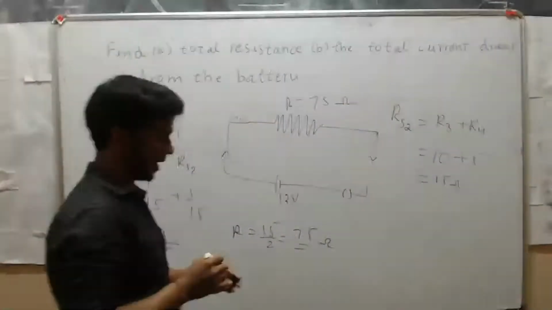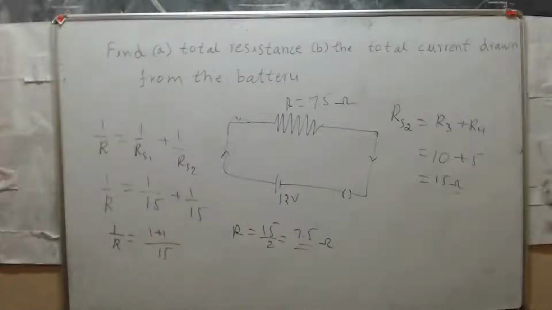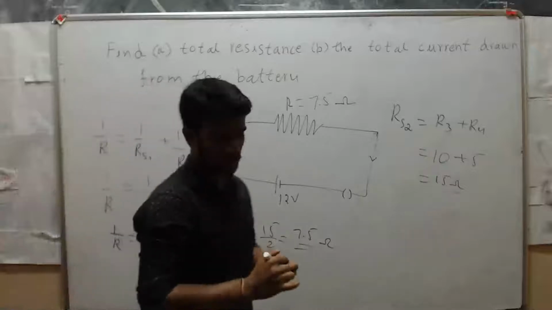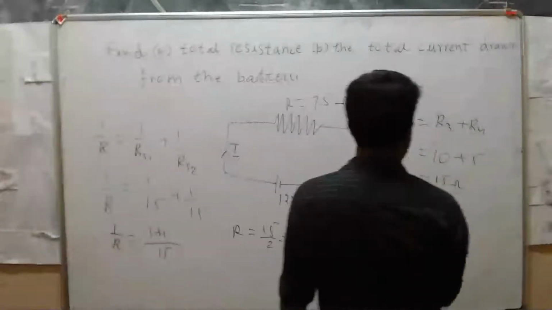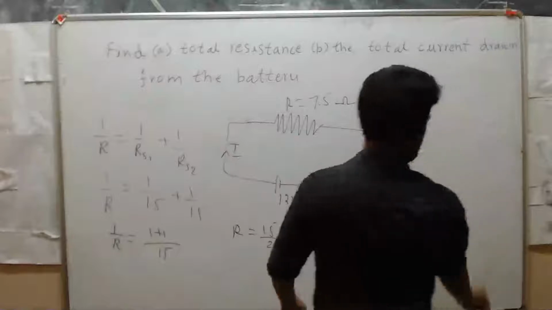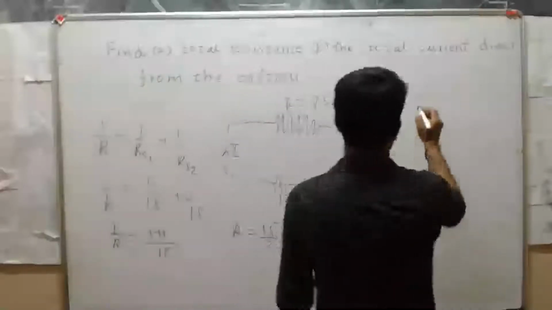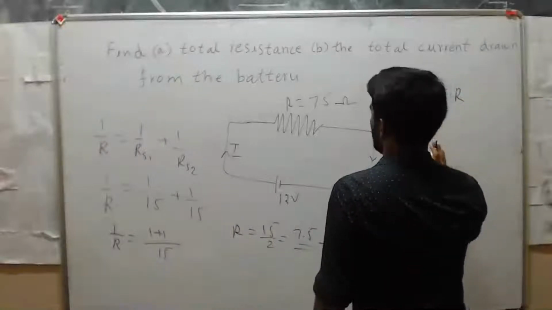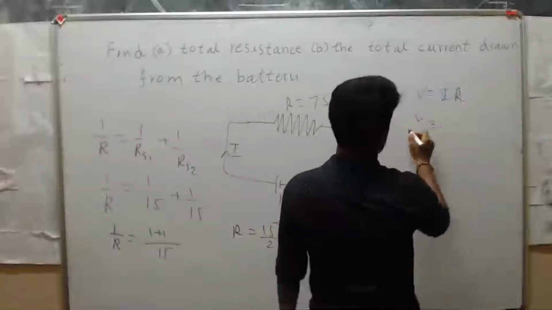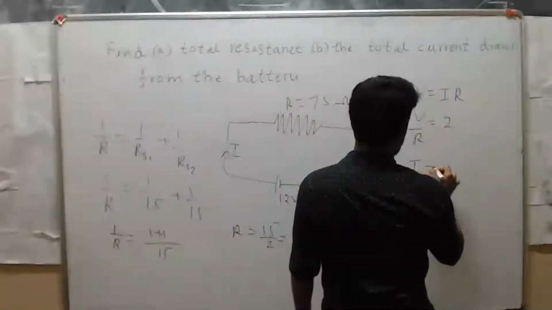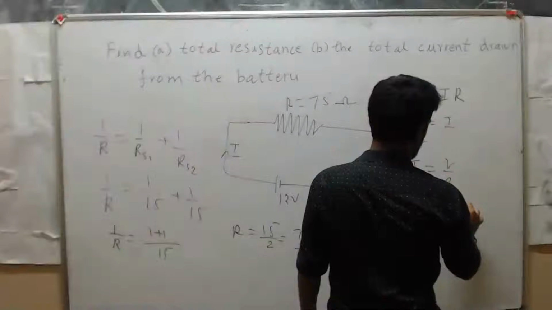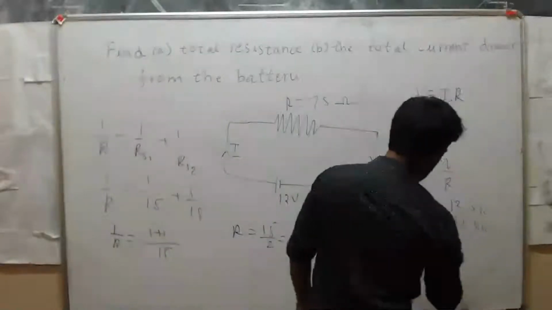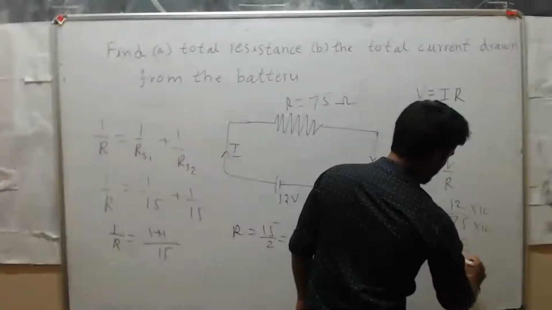Now calculate the total current in the circuit, that is I. To calculate the total current in the circuit, we know the formula, V is equal to I into R. So V by R equal to I. So 12 divided by 7.5, into 10 divided by 10, so you will get 120 divided by 75.